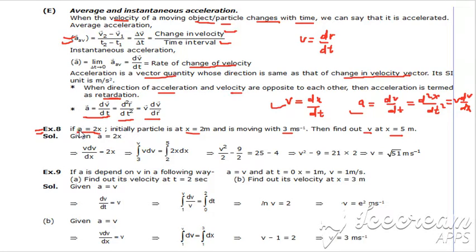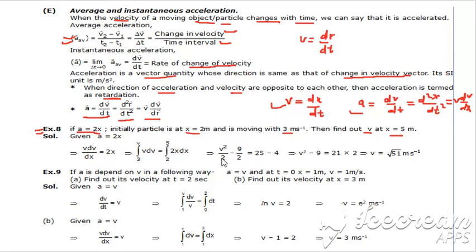So this a can be rewritten in the form of v dv by dx. That is going to be the right definition to choose. So v dv by dx will become 2x, then separation of variables will lead to v dv is equal to 2x dx, integrating from initial velocity 3 to final v and initial position 2 to final 5.